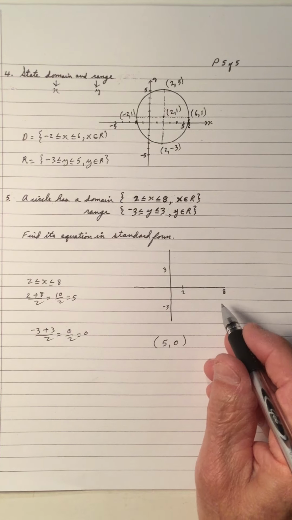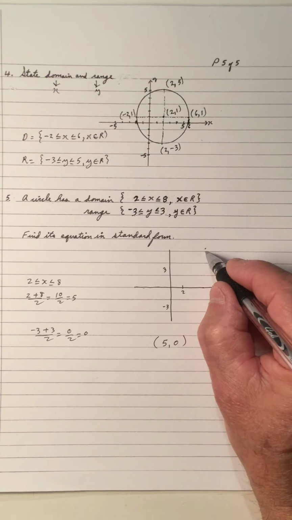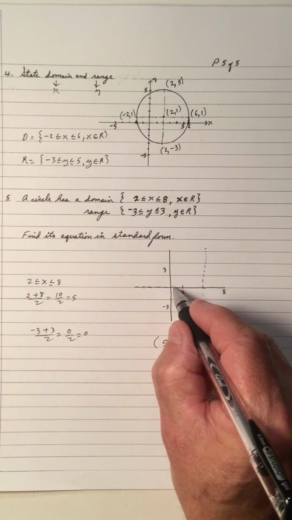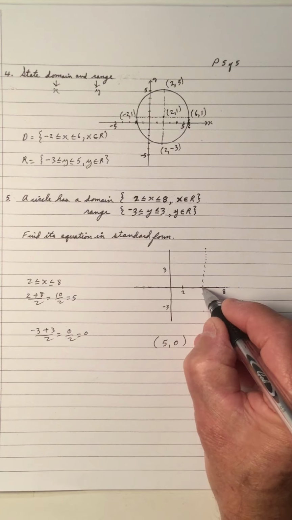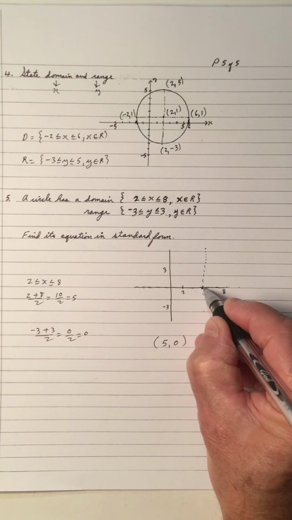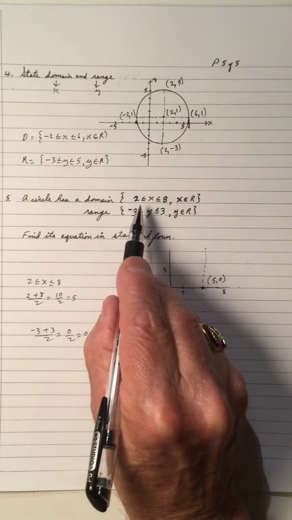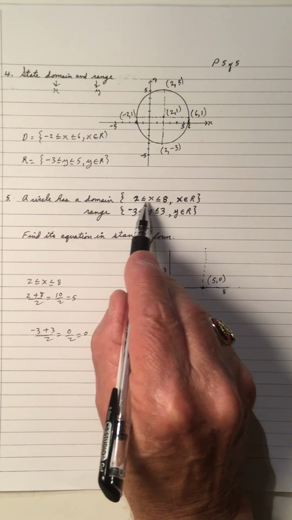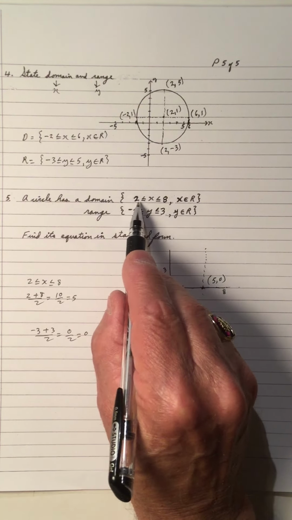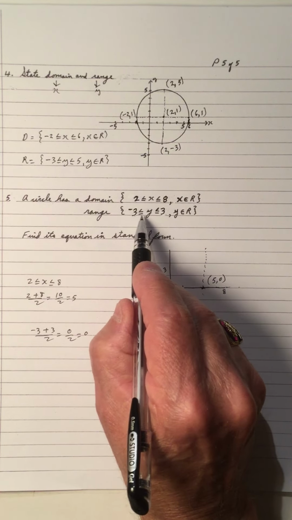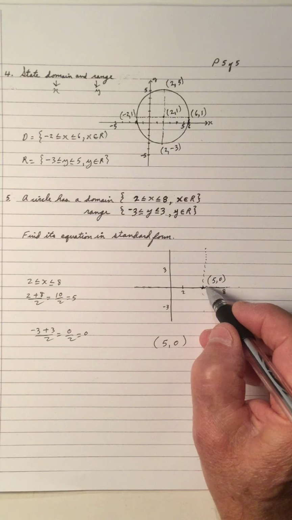So there's the center of your circle, which is 5, 0. Because the midpoint of the x's is 5, and the midpoint of the y's is 0.